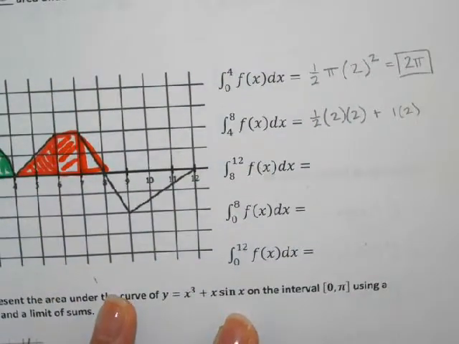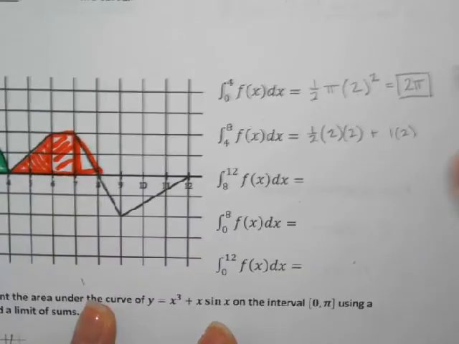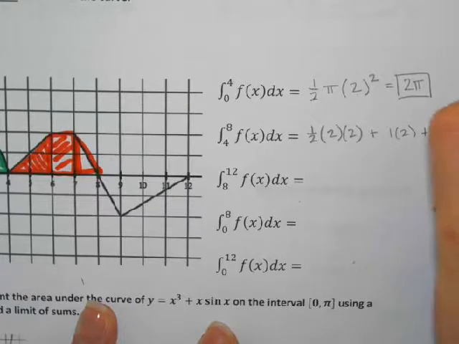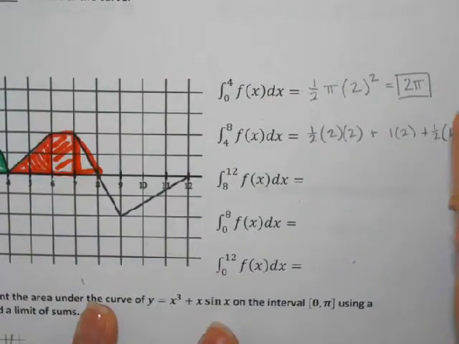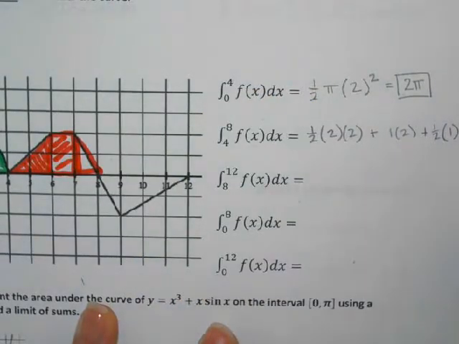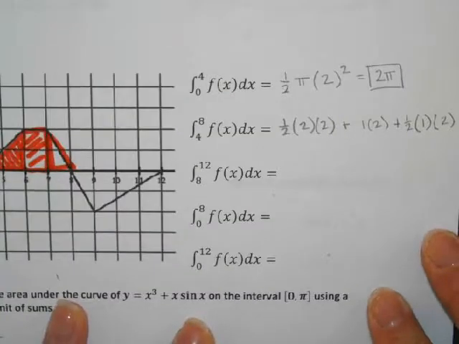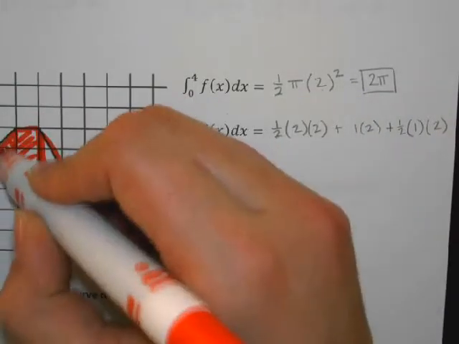And that one is going to be 1/2 base times height. So plus 1/2. The base is 1, the height is 2.